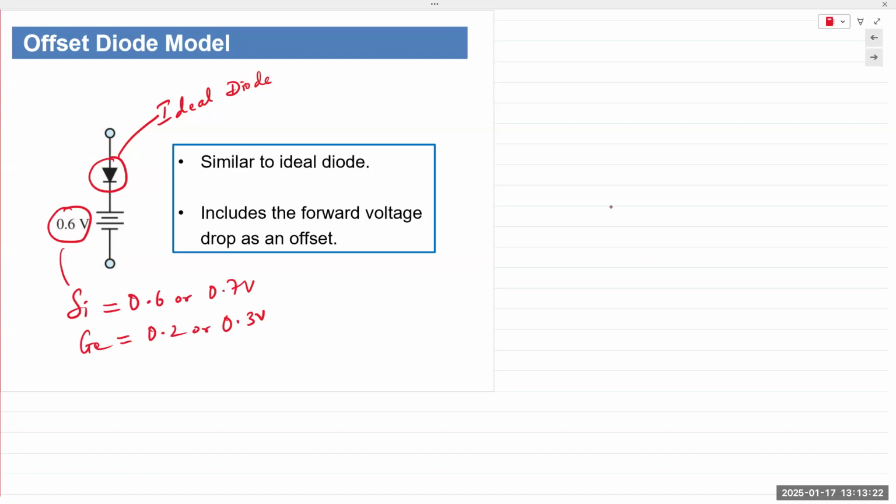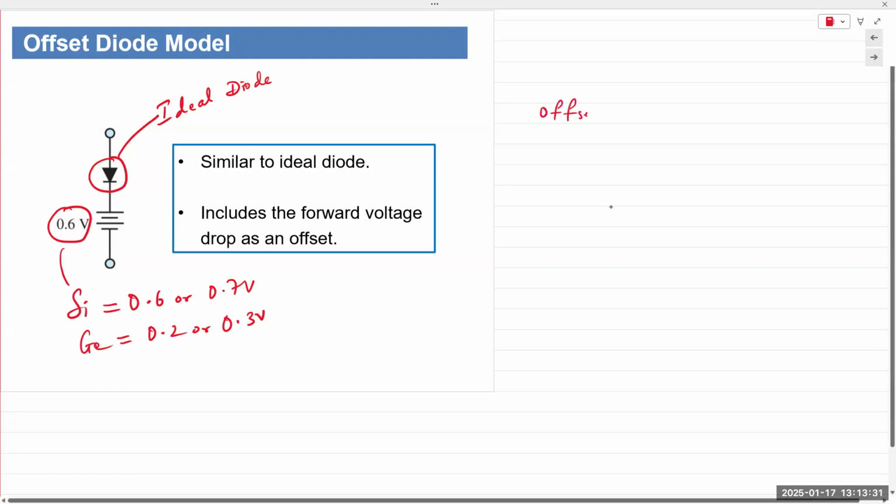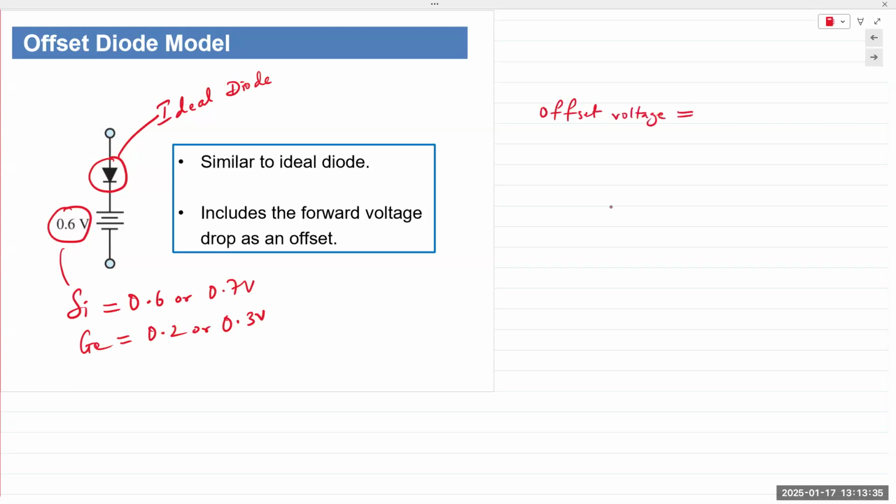That simply is the voltage that is required for the diode to turn on. The diode turn on voltage.